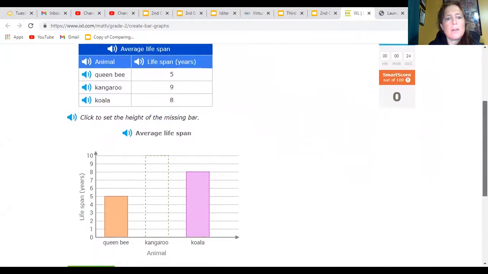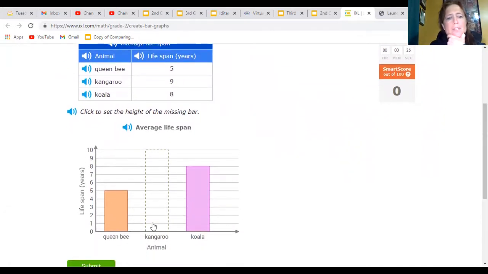So if we look at our bar graph at the bottom, we have the queen bee in our bar graph. As you can see, this axis on our graph shows the animal's name. And then this one shows us the lifespan in years. So the queen bee, as we said, was 5 years. The koala is 8. So now we have to figure out how high up to take our bar for kangaroos.